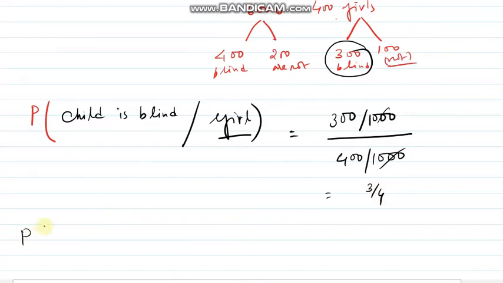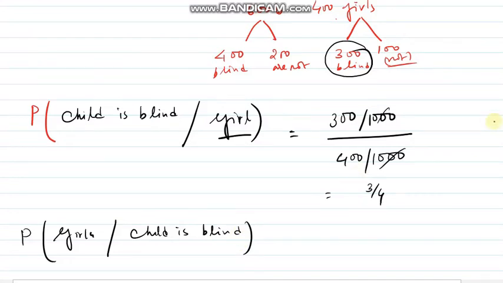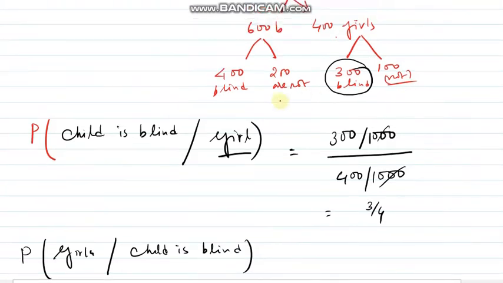Same question, just I am changing it: the probability of a girl provided that the child is blind. Just check. Please be very careful what is the given case. The child is blind, that is the given case. Now how many blind children do I have? That is 400 plus 300, that is 700.